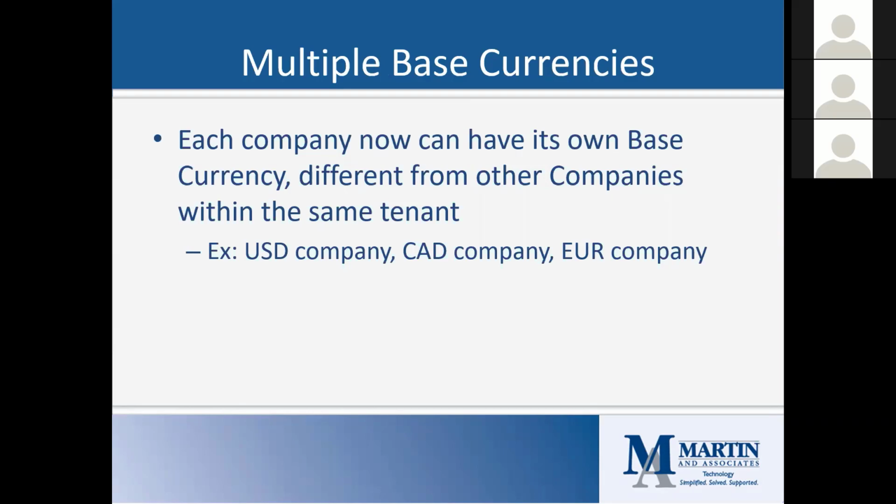Before this release, and maybe even still there are some current restrictions around this, you'd have to have those as two separate tenants in the system, or you would have to have the Canadian company, or the US company, I guess, but we'll go with the Canadian company, have a base currency of dollars, but do all their transactions in Canadian dollars.